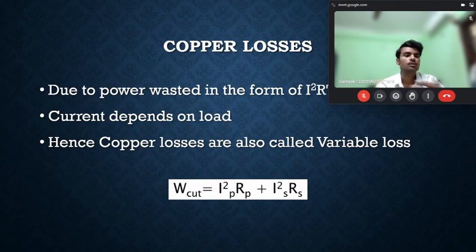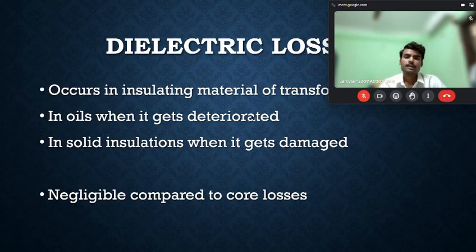From Ohm's law, we know that voltage is directly proportional to current, and voltage is also called the load. And that's why we say current depends on the load. And since it is depending on the load, copper losses can be called variable losses because the load can be varied, and because of the varying load, the current is varying, and because of the varying current, we have varying power losses, varying power wasted losses.